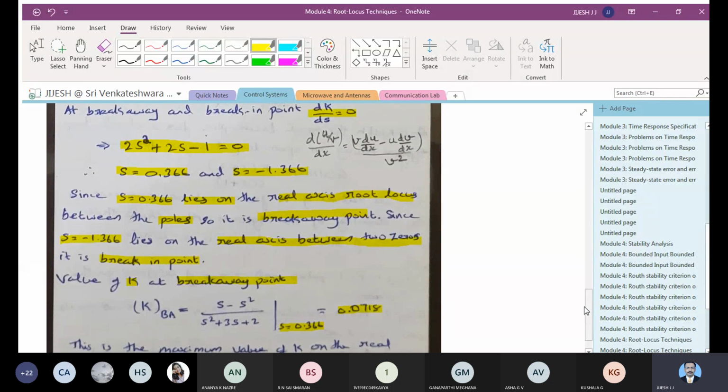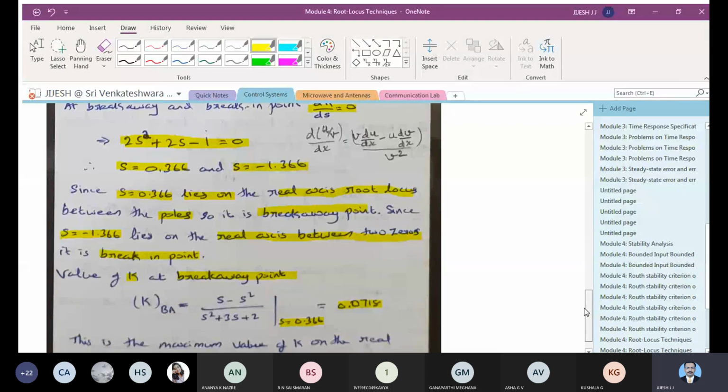You can make a note of all these things. So you got s equal to 0.366, and from that you have found the value of K at the breakaway point as 0.0718.